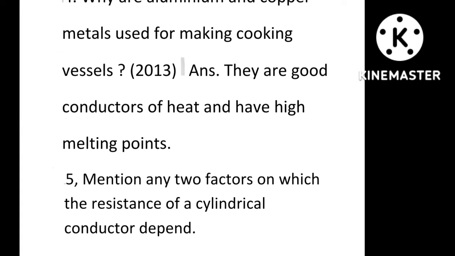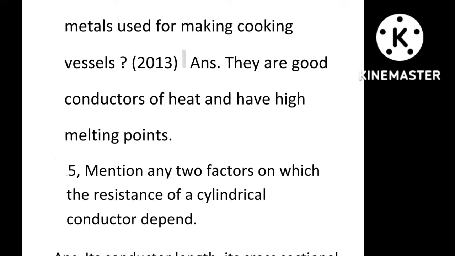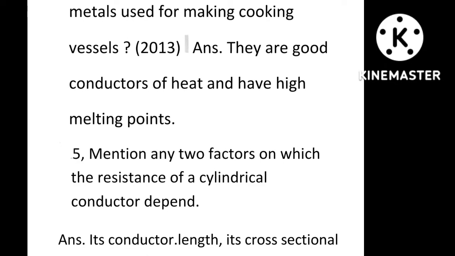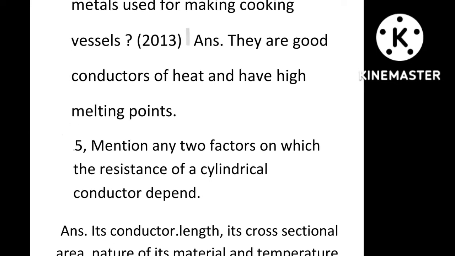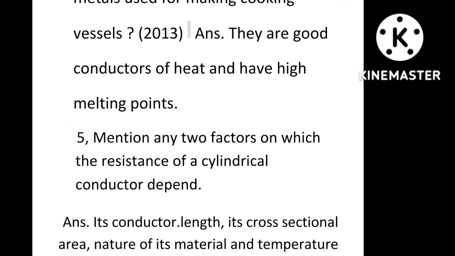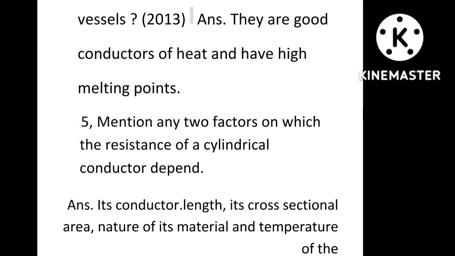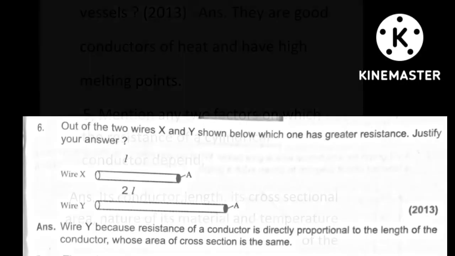The next question is, mention any two factors on which the resistance of a cylindrical conductor depends. Its resistance depends on its length, area of cross section, the nature of its material and the temperature of the conductor.